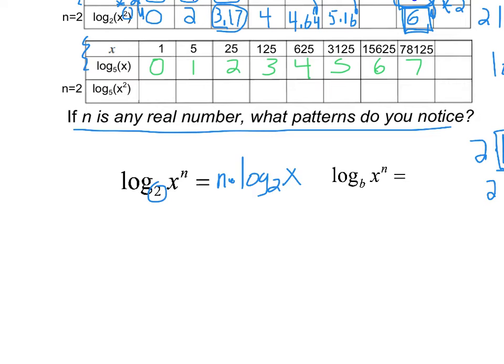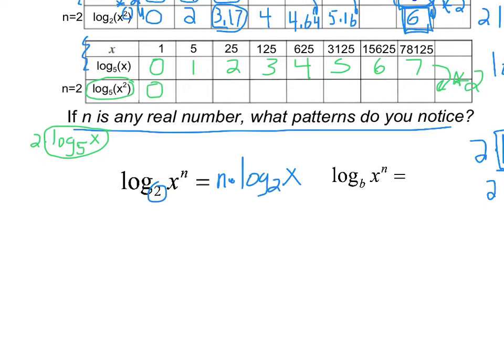Now, with this idea of our property, if I want to find the log base 5 of x squared, what I could really do is take 2 times the log base 5 of x. That might be faster than trying to do all of that other work. So I'm really going to just take this top row and multiply by 2.